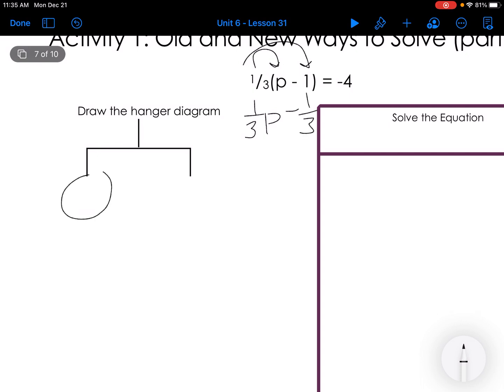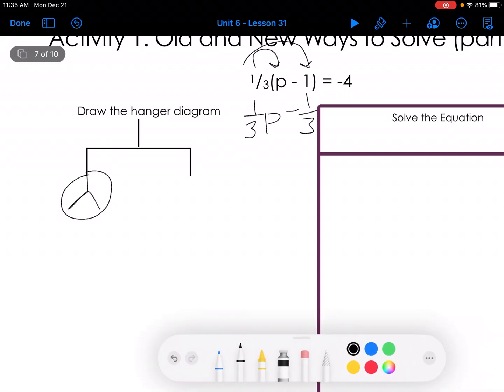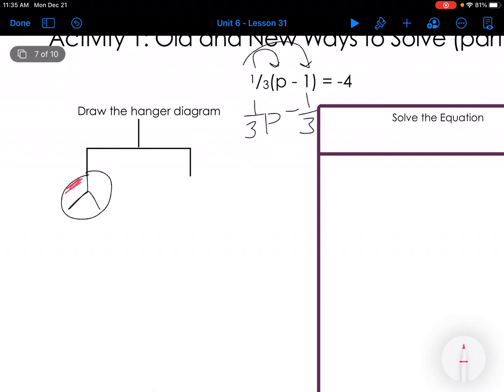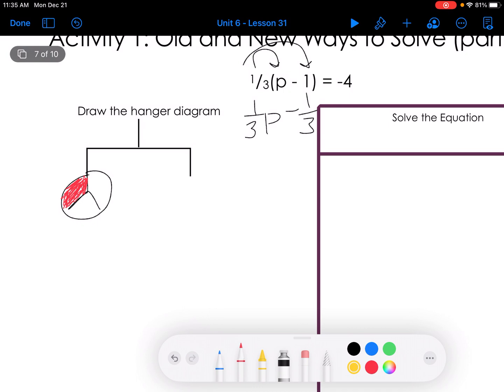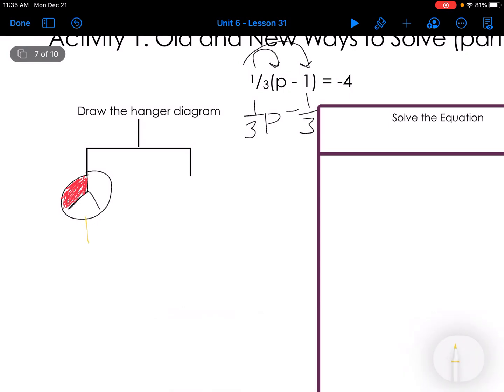So I have 1/3. And then I have a negative 1/3. Okay, and then over here I've got negative 4.